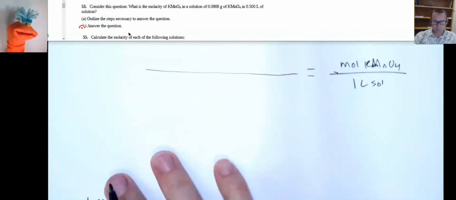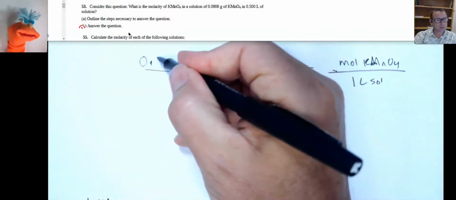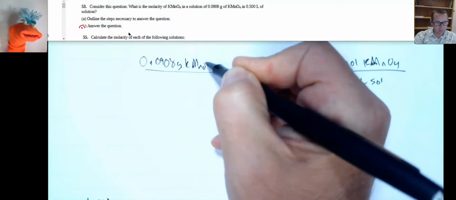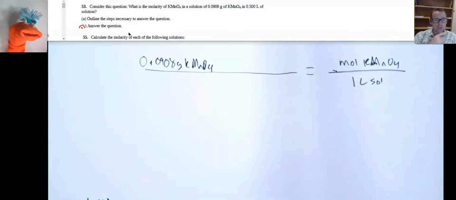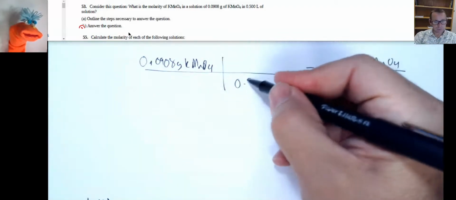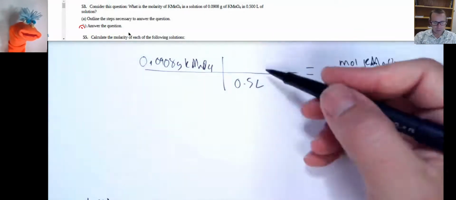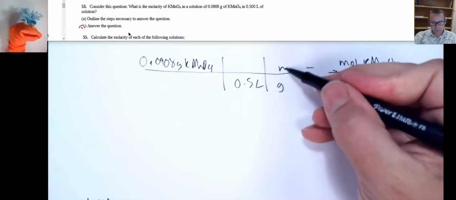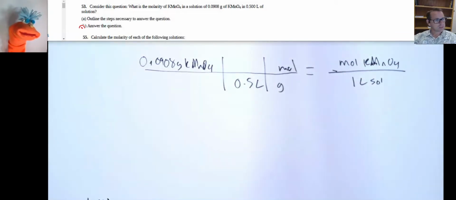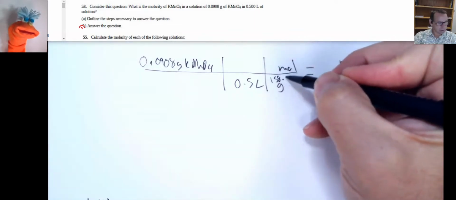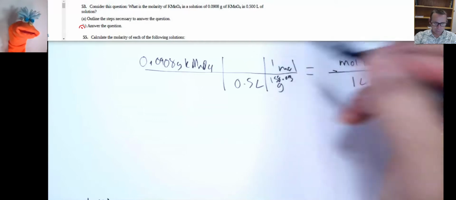0.0908 grams of potassium permanganate, KMnO4, in 0.5 liters. So I have grams, but I need to get my grams to moles, don't I? So I can go grams to moles here. Molar mass of potassium permanganate, 158.03 for every mole.